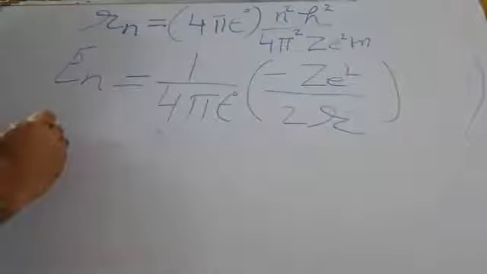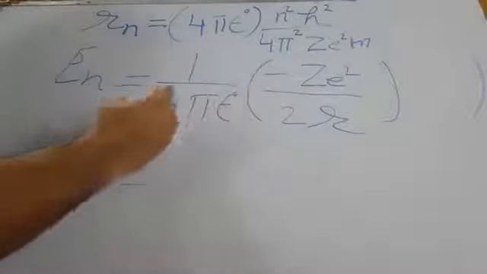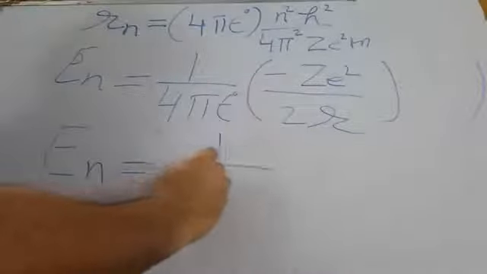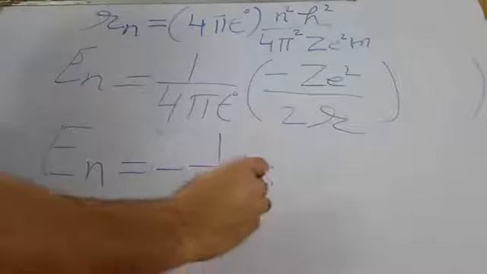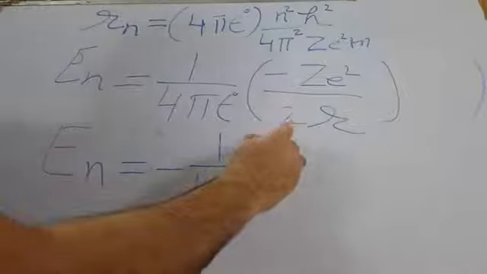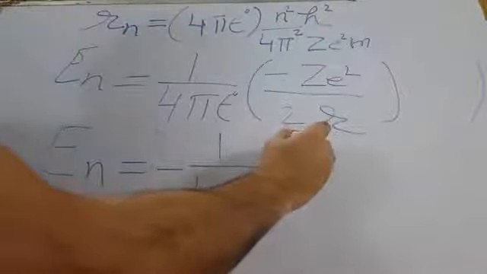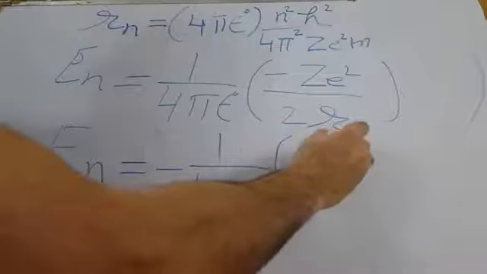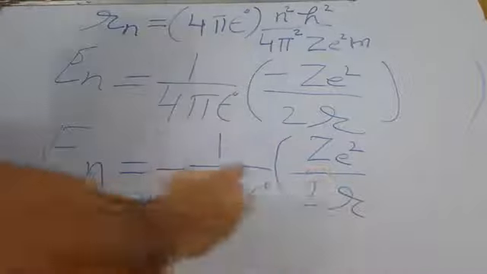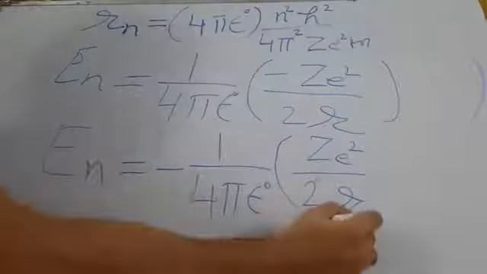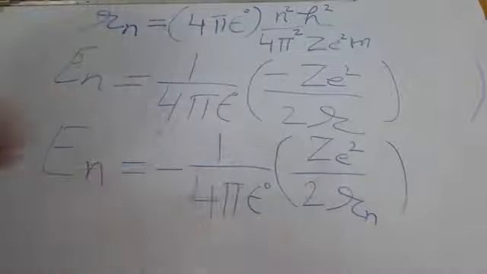Or we can take the minus sign outside, minus 1 upon 4 pi epsilon 0 Ze square upon 2r. If it's the nth orbit, this is also r of the nth orbit. Here this equation comes out.